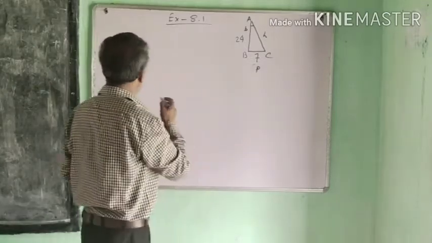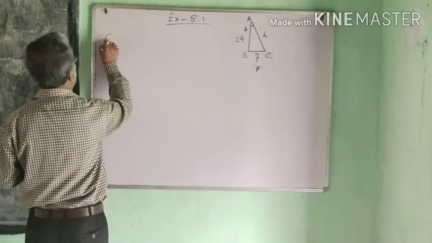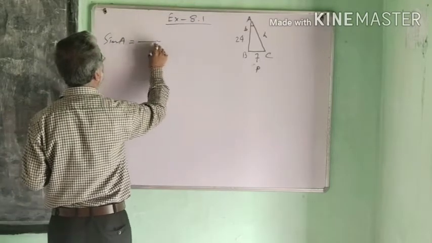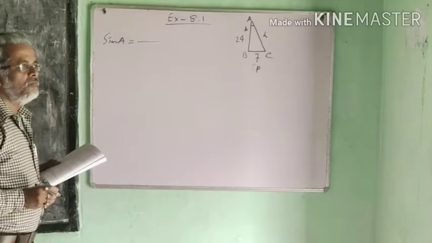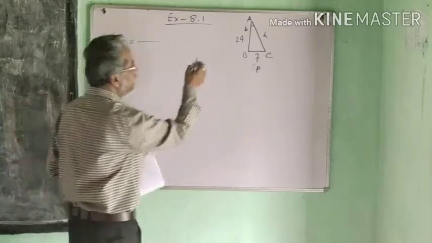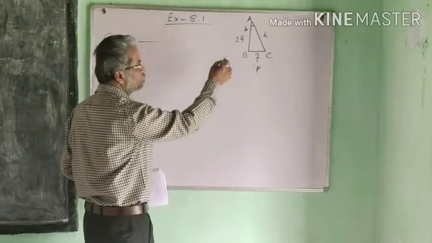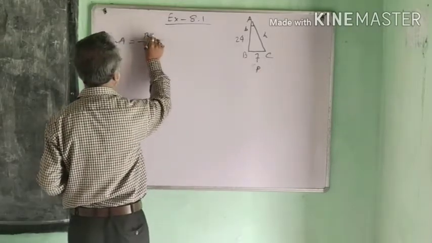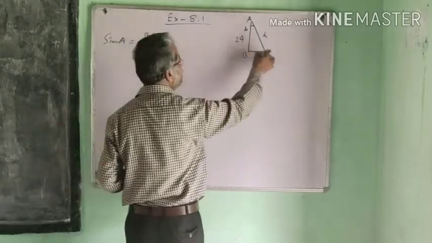So sin A is equal to perpendicular is to hypotenuse. Perpendicular is BC and hypotenuse is AC.